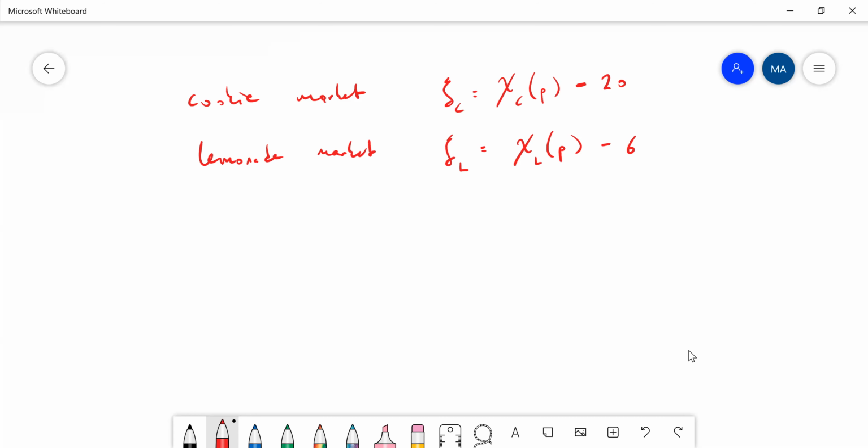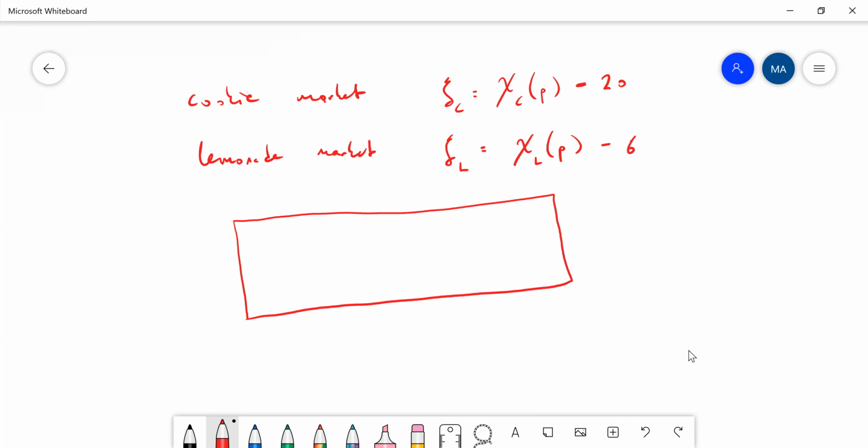All right? So you may actually imagine that if you behave as a single consumer and I behave as a single consumer, right? We have 20 units of cookies and 6 units of lemonade. Okay? And initially, the initial endowment is here. So you have 20 cookies and 0 lemonade.